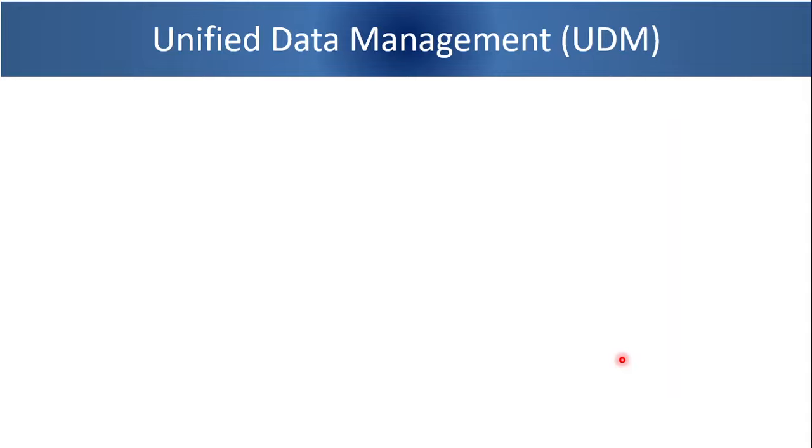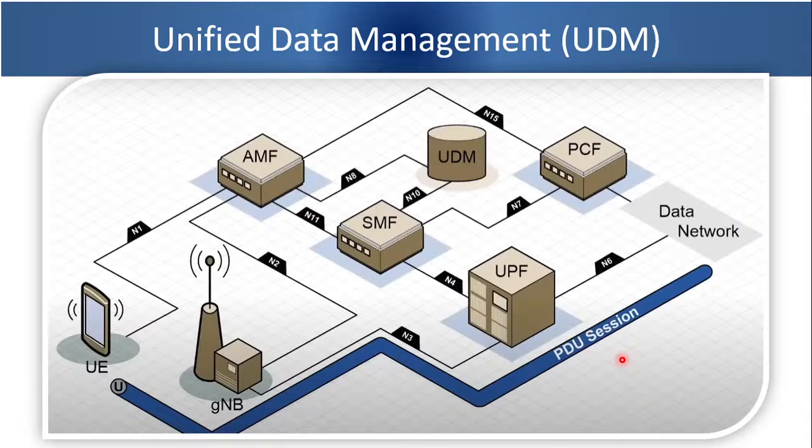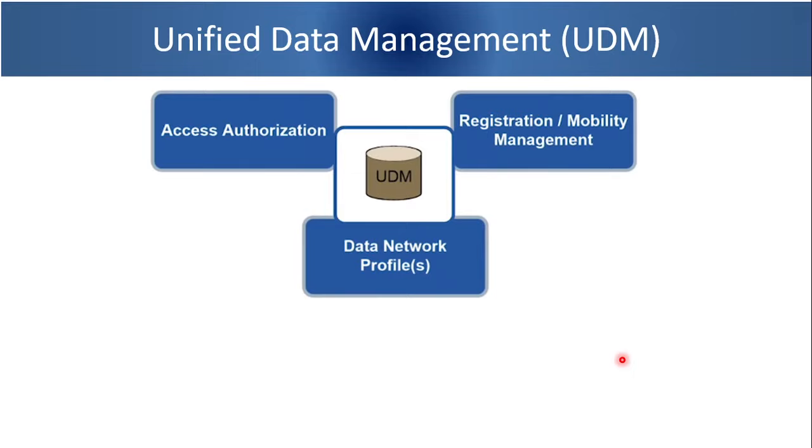Now let's talk about unified data management. This particular network element, what is its function? When I was talking about AMF, I talked about UDM. As I said, as part of access authorization, when the network receives the SUCI, the concealed subscription identifier, it is the UDM which decrypts it.